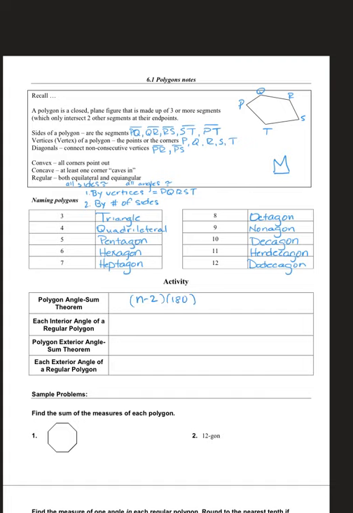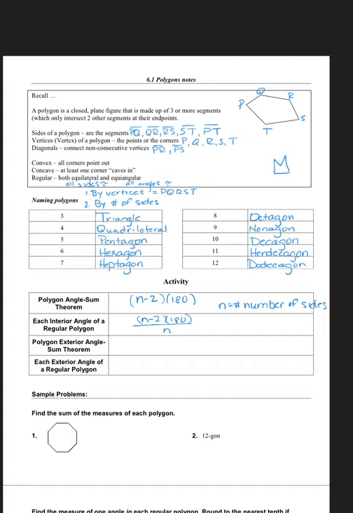So if you take n, the number of sides, minus 2 times 180, it will tell you what the angles are supposed to add up to be. Now, if I want to find one interior angle, then I just take that sum, n minus 2 times 180, and I divide it by the number of sides. So that will tell me what one of them is as long as it's regular.